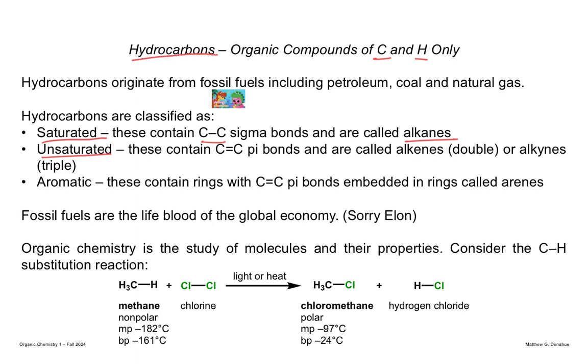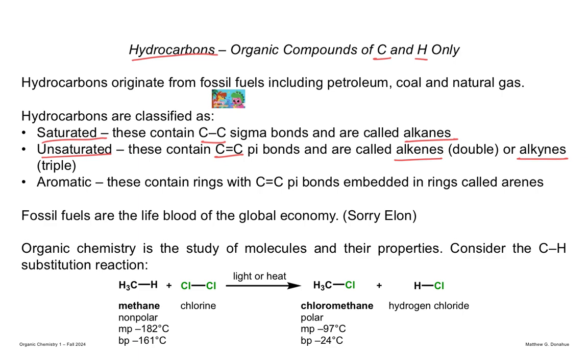There's a couple types of unsaturated hydrocarbons. These have pi bonds. So if there's 1 double bond, that's called an alkene. Or if there's 2, that's called an alkyne.